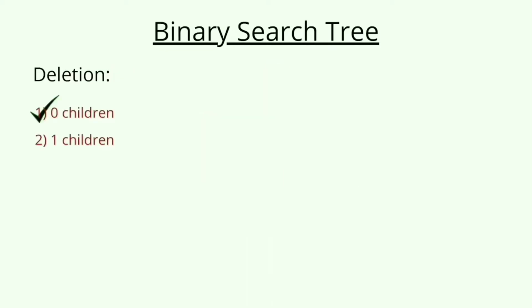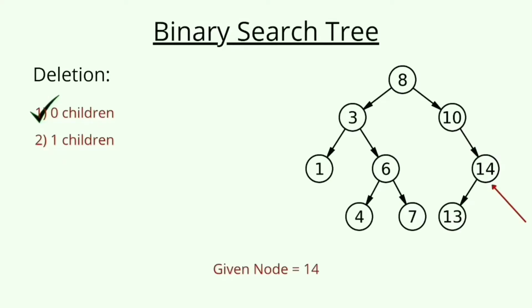Now the second case is the node with 1 children. Let's suppose you are deleting a node which has only one child. So how we can delete that node? So here the given node is 14 and we have to delete this node from the BST, and this node contains one child. So how we can perform the deletion operation?